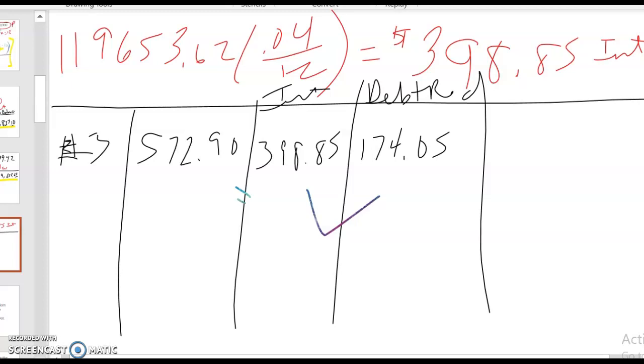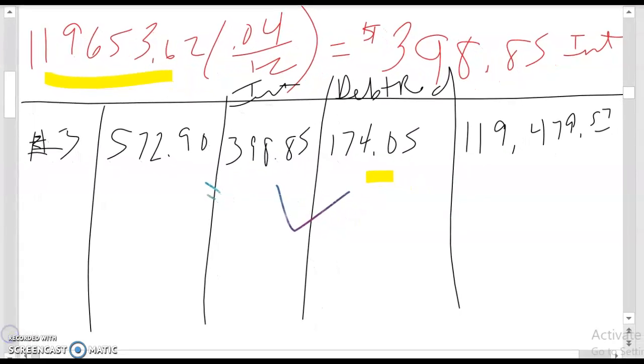And then if I subtract what I owed at the beginning of that month minus my debt reduction, I will get $119,479.57. Now, if you do this over the course of 30 years, so 360 times, you would have this long spreadsheet with all of this information, and you could see when the interest and the debt reduction kind of flip-flop, if you will.